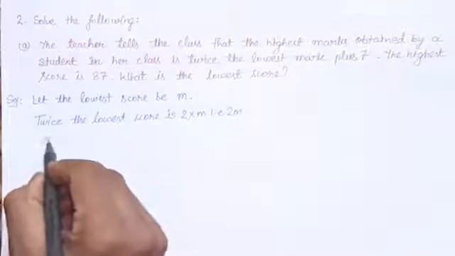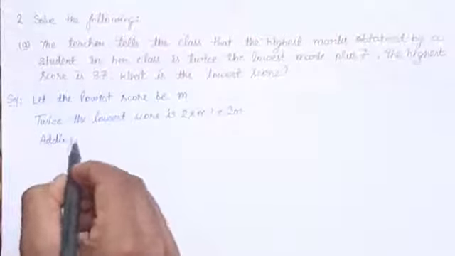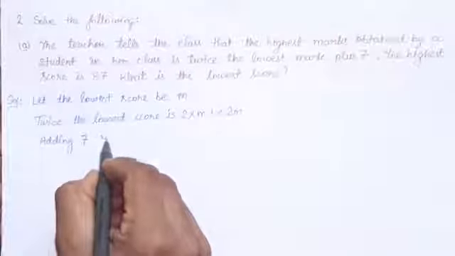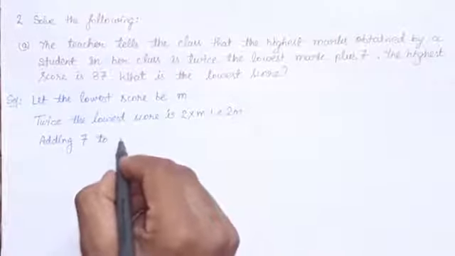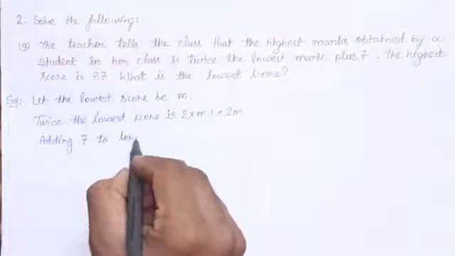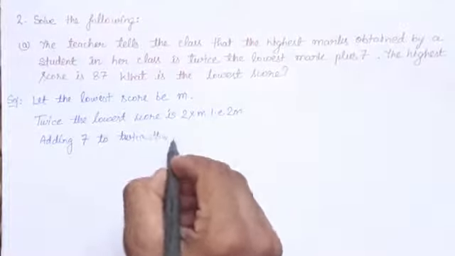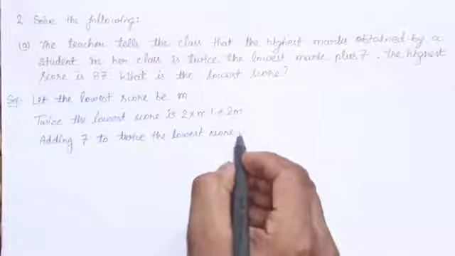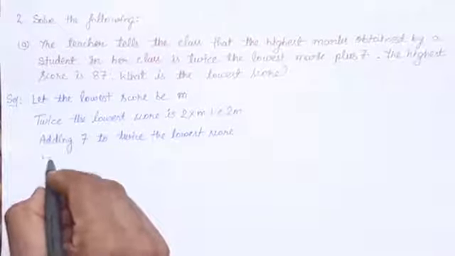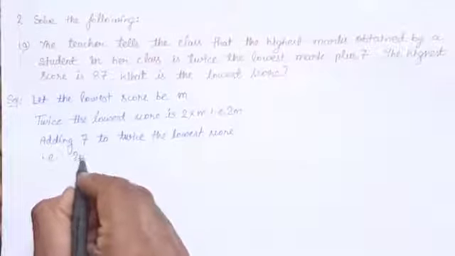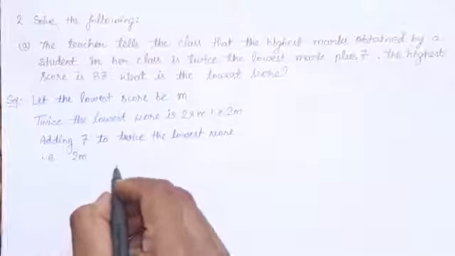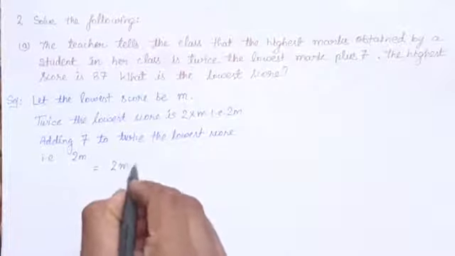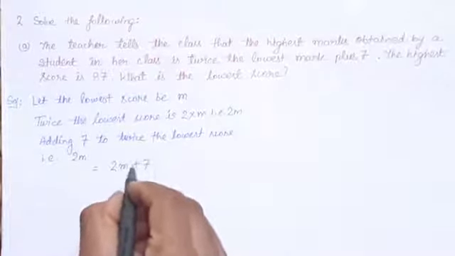So adding 7 to twice the lowest score, that is 2m, is equal to 2m plus 7.